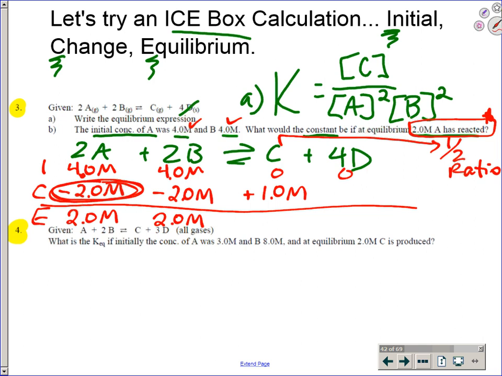We said 2 molar of A reacted, but D was produced in a 4-to-2 ratio, so 2-to-1. If I have 2 molar reacting times 4, what's 2 times 4, guys? 8 divided by 2, 4. That's how much changed. So you literally use the ratio 4/2. So that would be 4 molar being produced.